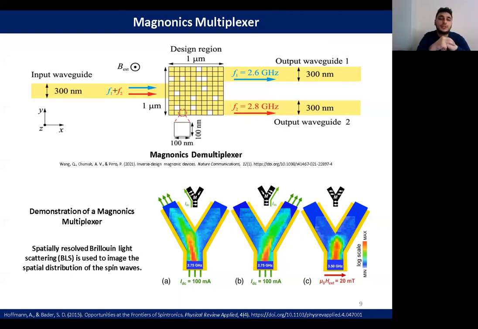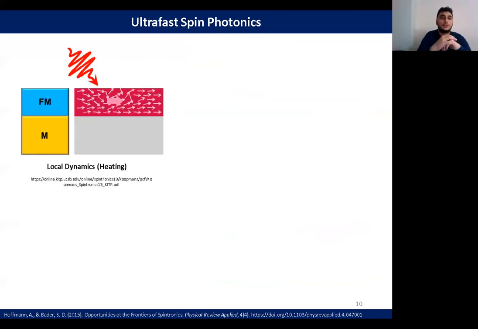As I mentioned in this section, we can say that the field of magnonics is also extremely important for future information transfer devices. Well, now let's turn to the last spintronics subfield in this article, spin photonics. The main thing in this subfield is manipulation of the magnetic order on the ultrafast timescale.